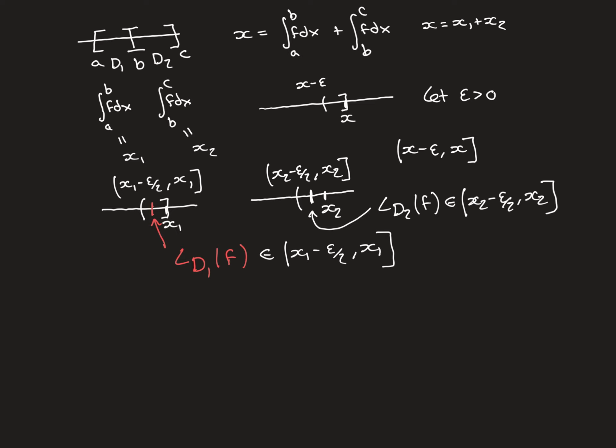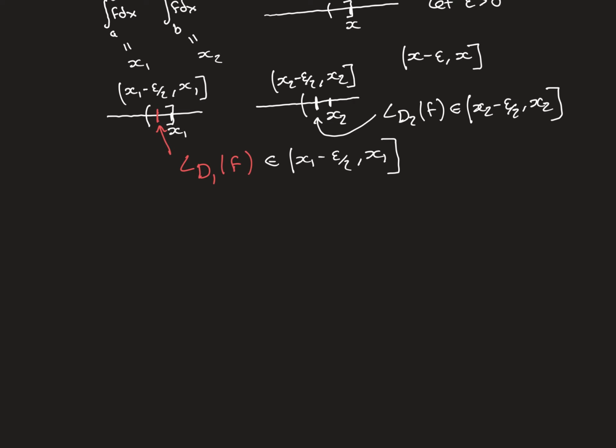Now what I can do, just as I did in the case of the upper Riemann sum argument, is create the combined dissection, d bar, which is a combined dissection of the entire interval AC, made by just taking all the cuts of d1 and all the cuts of d2 and making them into a dissection of the overall interval AC.